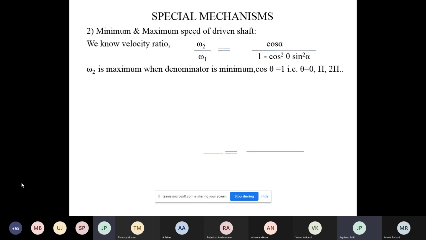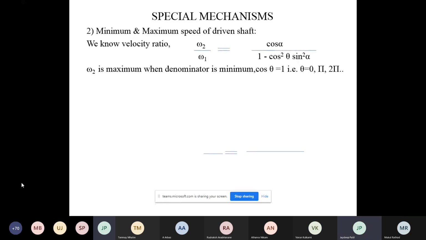Denominator कितना चाहिए? मुझे कम चाहिए, means it is less than 1. उसके लिए क्या चाहिए मुझे? Cos theta is equal to 1, not 0. Means cos theta is equal to 1, that is theta कितना होना चाहिए? 0, pi, 2 pi like this. Maximum speed of driven shaft you will get when the angle of turn of driving shaft is 0, 180, 360 like this. At this location you will get the maximum speed of driven shaft.